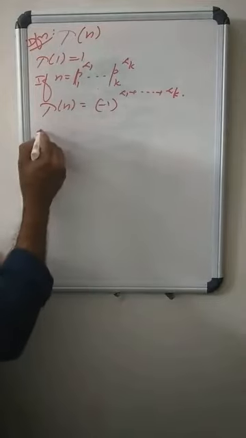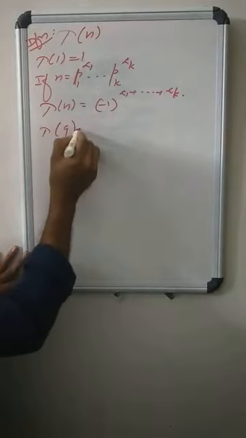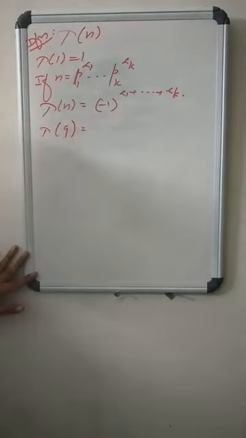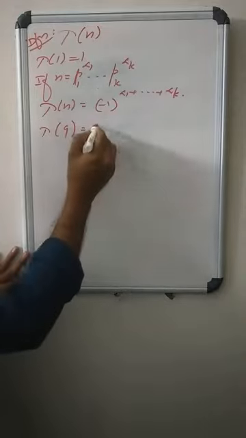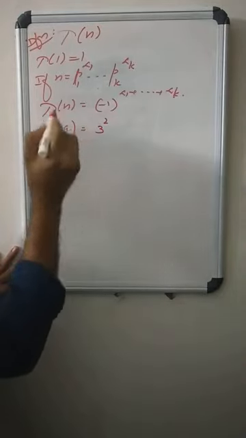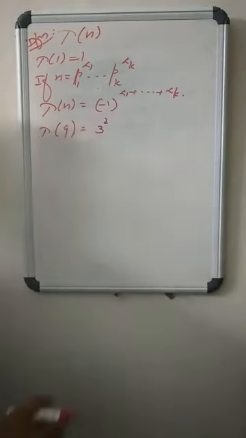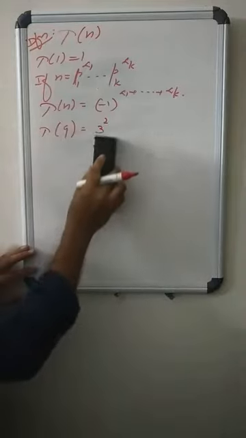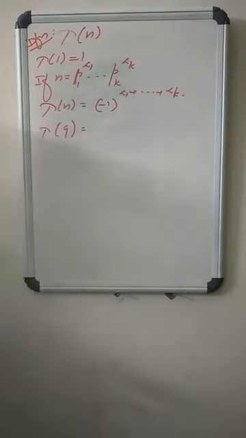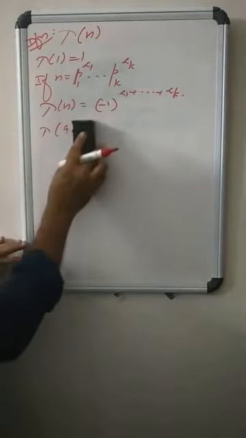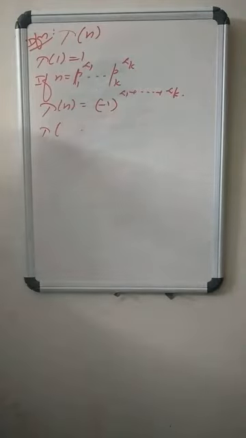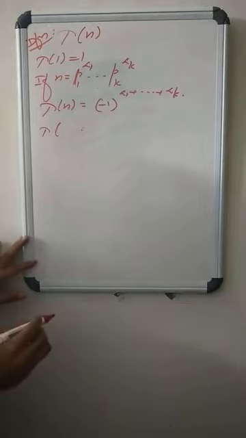So what about lambda of 9? What is 9? 9 is 3 squared. So lambda of 9 means lambda of 3 squared. What is lambda of 3 squared? Minus 1 power 2, that is 1. Agreed? Yes. So what about lambda of 30?